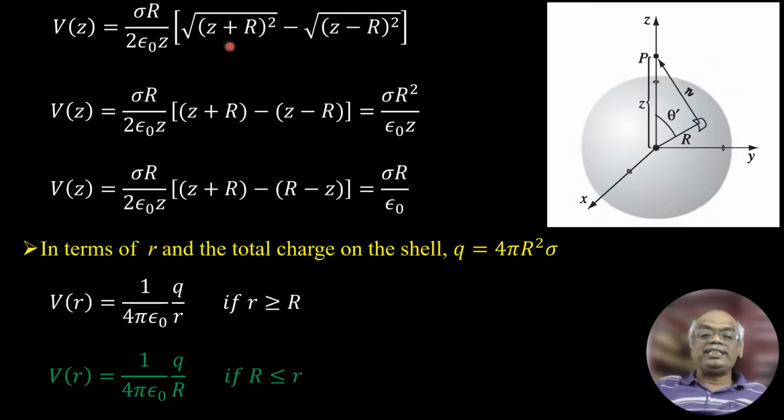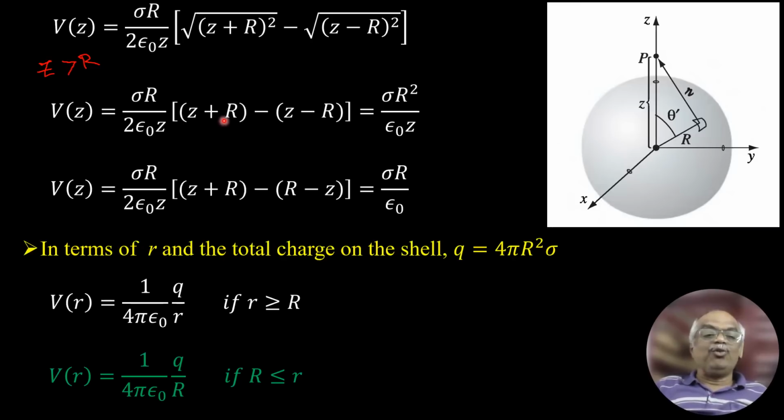So when z is greater than r, then this is the positive quantity. You will get this as z minus r, because z is a bigger number. If you take the square root of this, the square will get cancelled. Z minus r, this is z plus r.